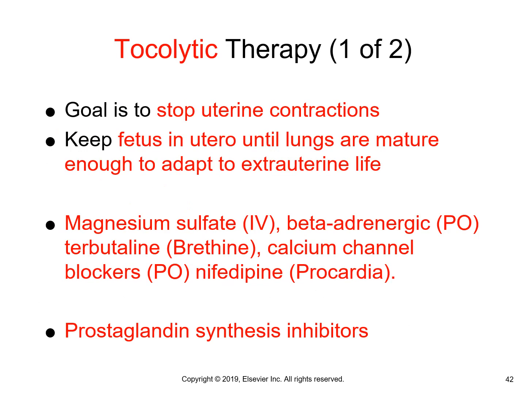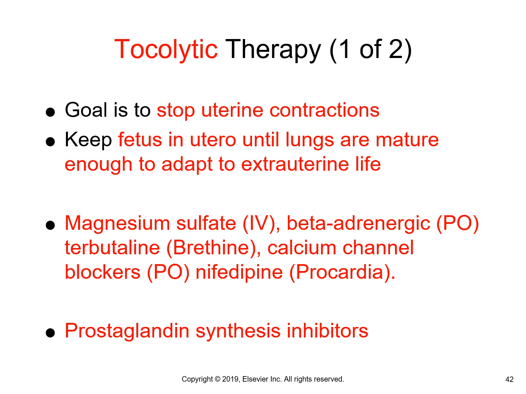The goal for preterm labor is to stop the uterine contractions. You want to stop that labor as much as we can, as long as we can. Keep the fetus in utero until the lungs are mature enough to adapt to extrauterine life.